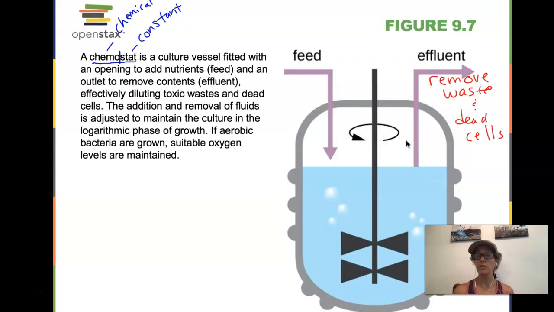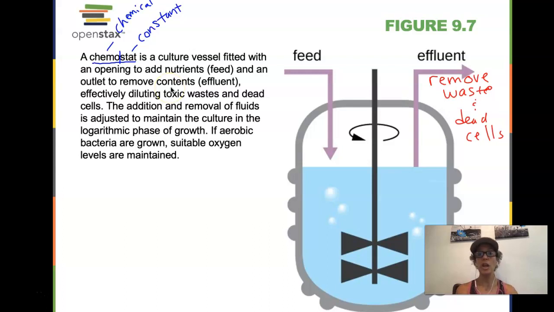Unlike our test tubes, whether they be broth or slants or our Petri dishes, the scientific community, not us at CR, uses a chemostat. So stat means constant, chemo is chemical. So maintaining constant chemicals.